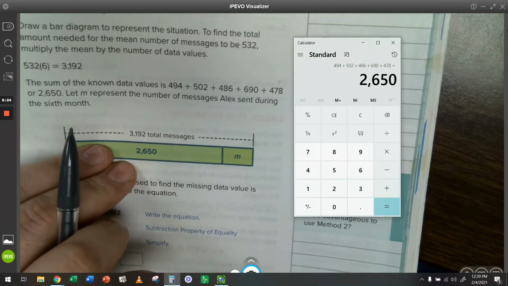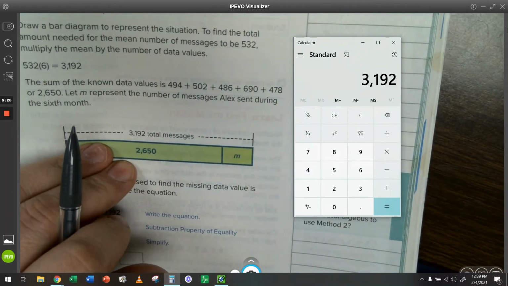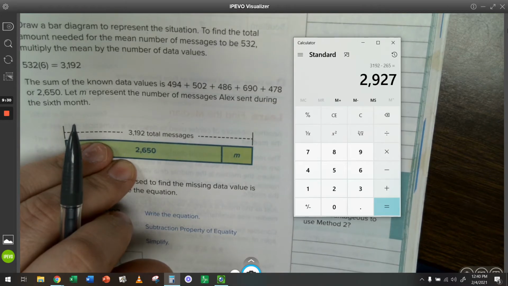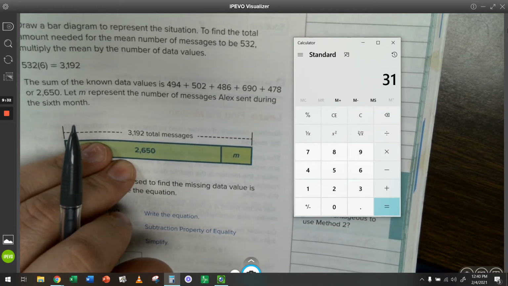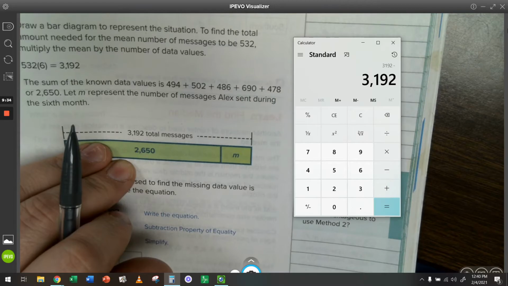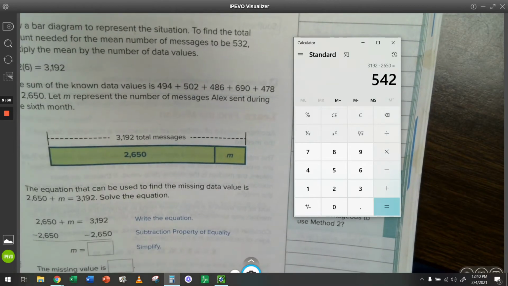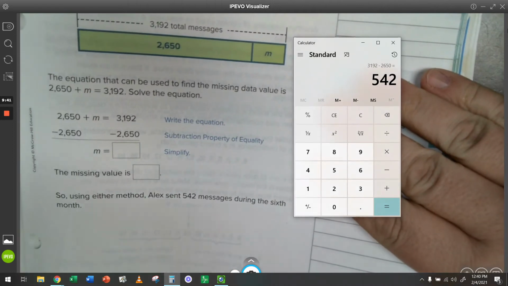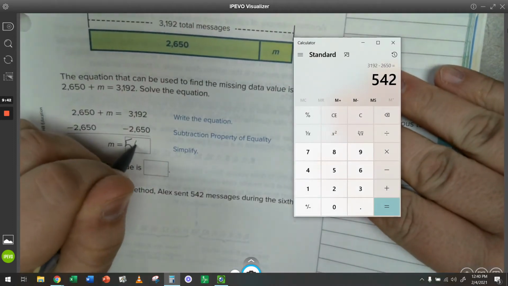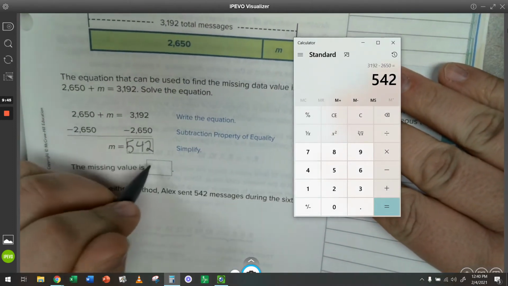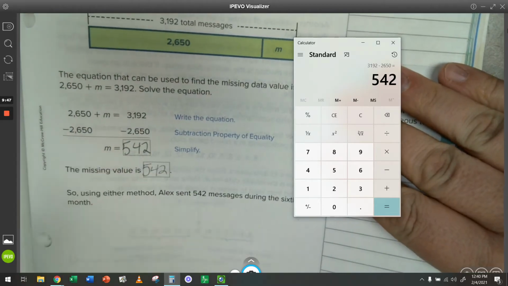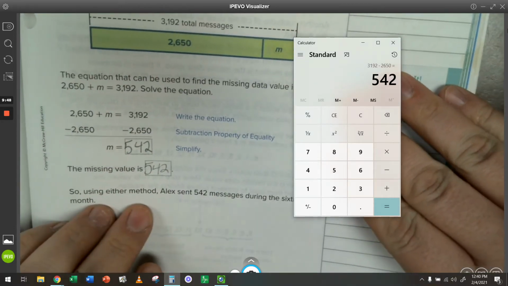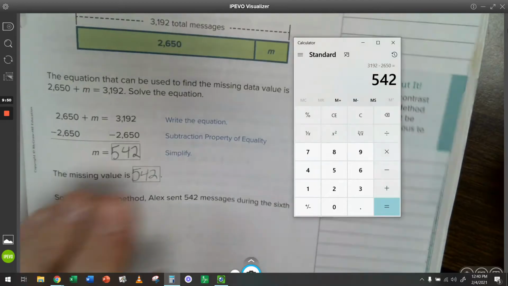And then we subtract 3,192 minus 2,650. Oopsies, might help if I type in the right numbers. Minus 2,650. Okay. We should have found that the missing value is 542. So we know she sent during the 6 month 542 messages.